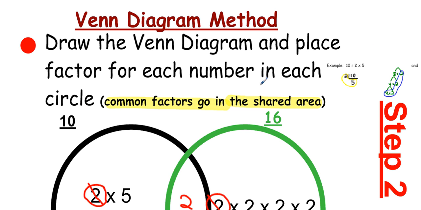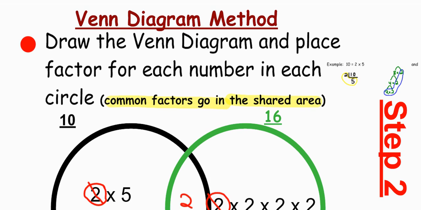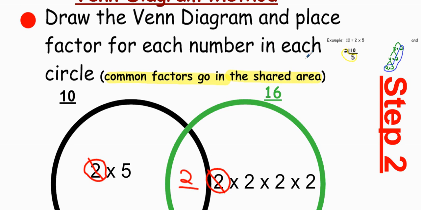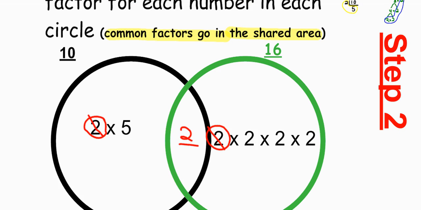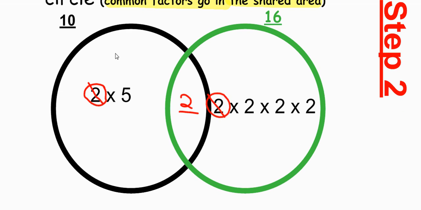The next step, and this is step 2, again, if you're taking notes, we want to remember step 1, and we've got some of those problems right over here where we can see the prime factorization of 16 and 10. And then what we're going to do is put those prime factorizations inside of the circles.